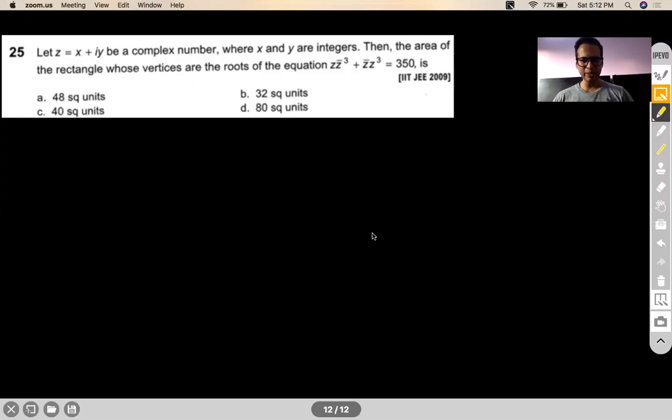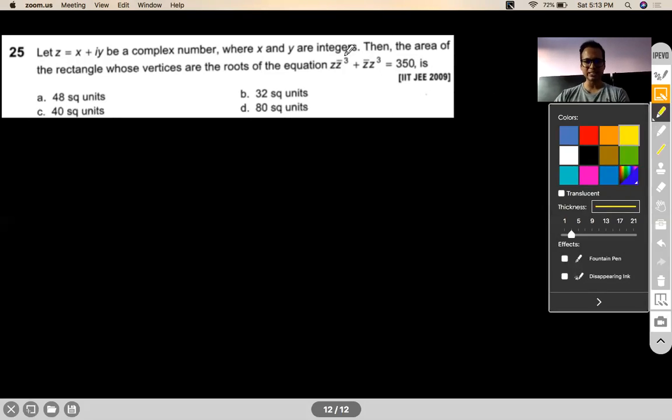And the given equation is z into z conjugate cube plus z conjugate into z cube is equal to 350. IIT JEE 2009 question. Not whole cube, Madhav. It is just the cube on the respective numbers. So read it like this.